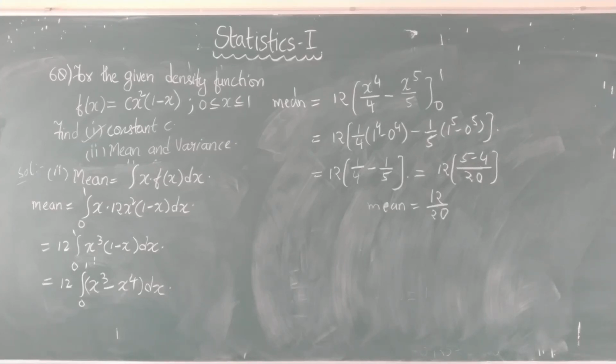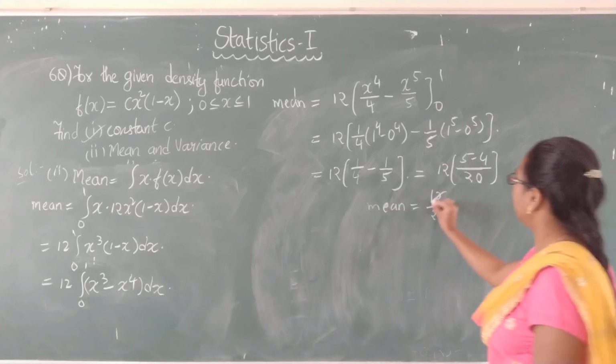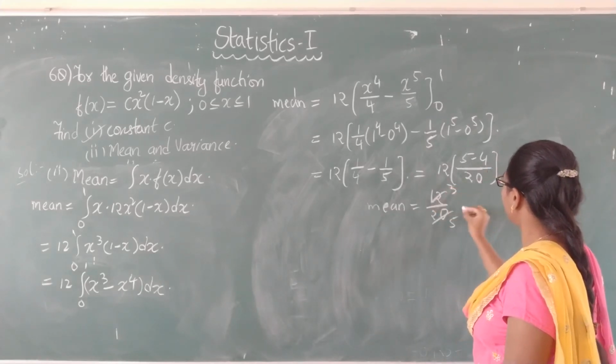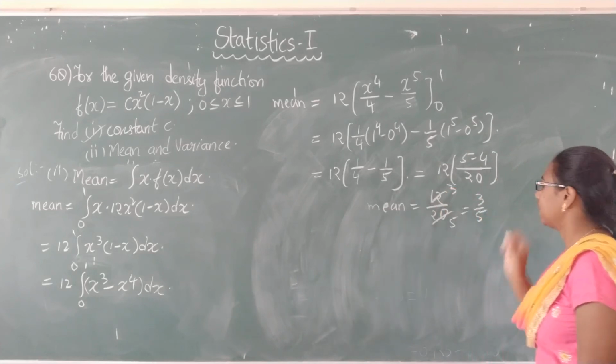Or even if you take the 4 table, you will get 3 by 5. 4 threes are 12, 4 fives are 20. This is equal to 3 by 5.